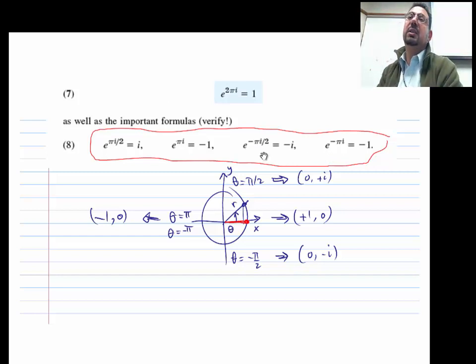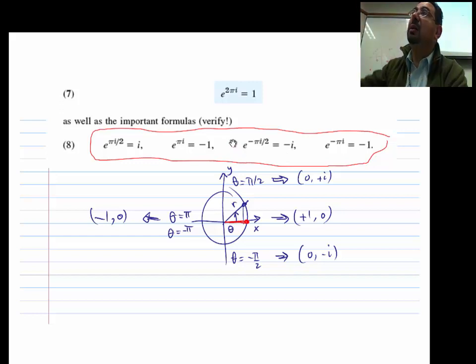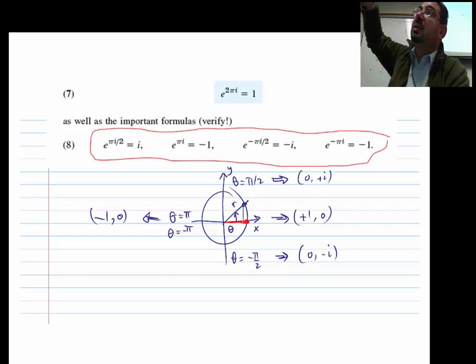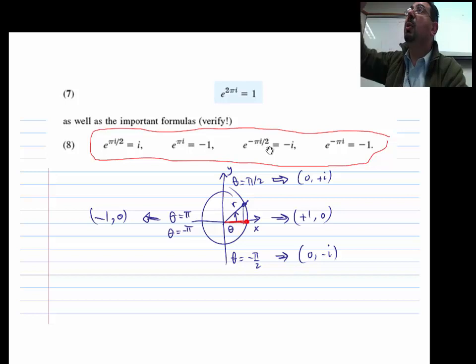And for the same reason, you can see why e to the minus pi over 2 i is minus i. Because again, the magnitude is 1, and the angle is minus pi over 2, or basically this way. So it's like this guy here. That's minus i. Plus i, minus i.